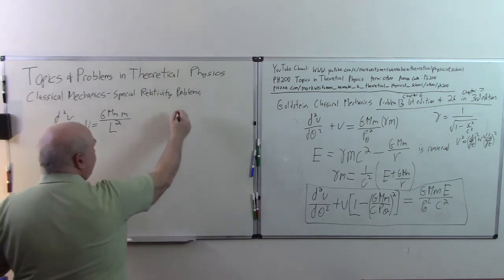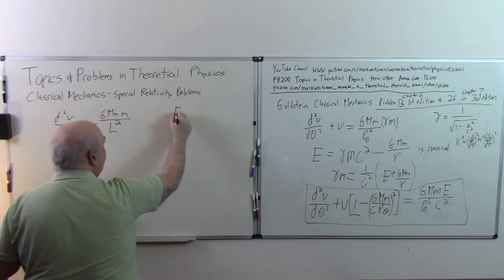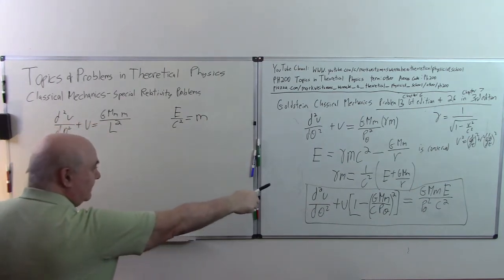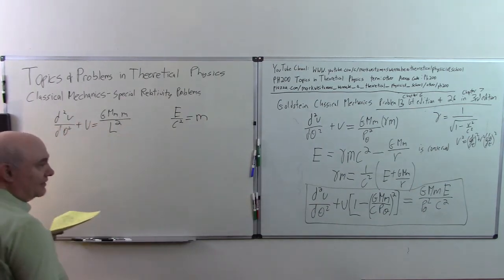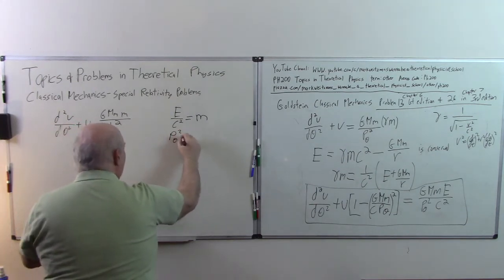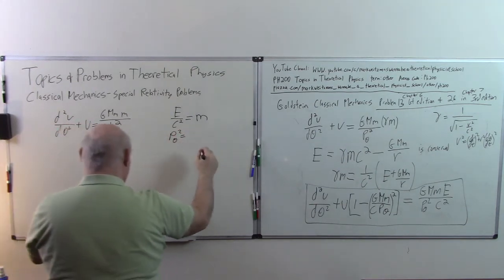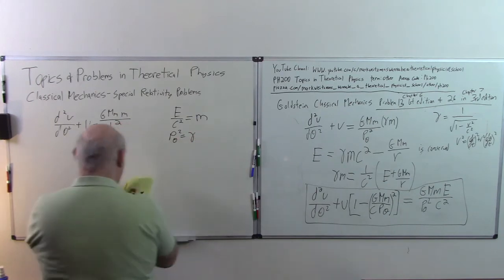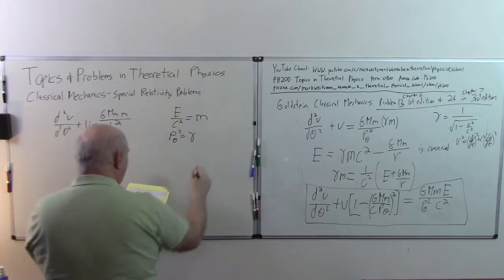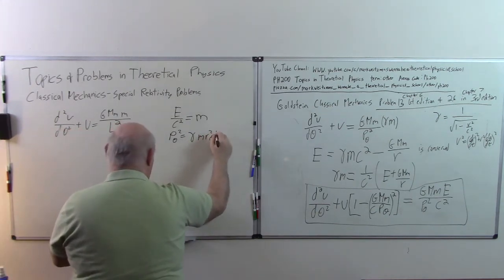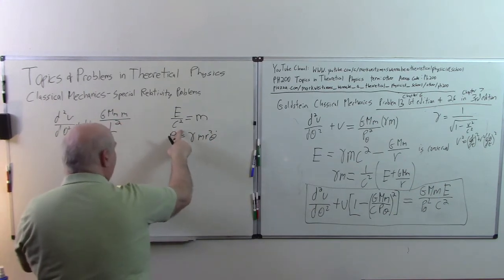Well, first of all, when the motion is slow, E over c squared is basically the rest mass. So we will get that other extra m there. P theta is equal to gamma m r squared theta dot, not p theta squared, just p theta.